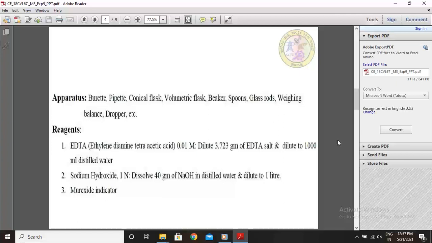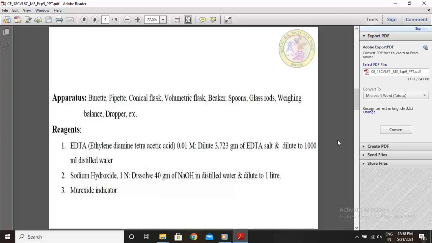What reagents are used for this experiment? EDTA reagent is used, that is 0.01 molarity. How to prepare this reagent? Dissolve 3.723 gram of EDTA salt and dilute to 1000 ml with double distilled water. Now we are ready with EDTA of 0.01 molarity.